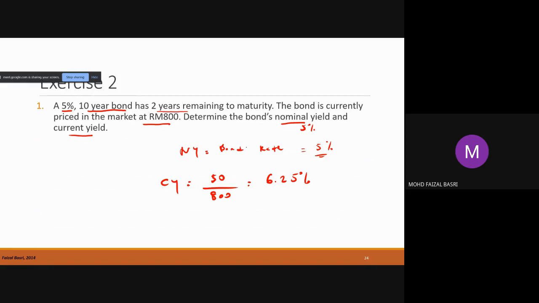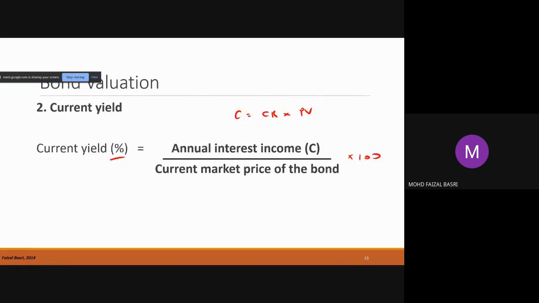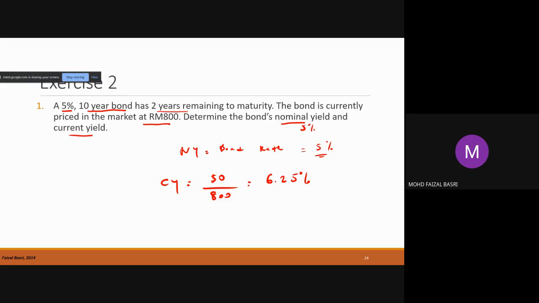Because if we divide the coupon with the par value, obviously it will be the nominal yield. So nominal yield is C divided by par value, which you don't have to calculate, which is the bond rate itself. Okay, so that's current yield.